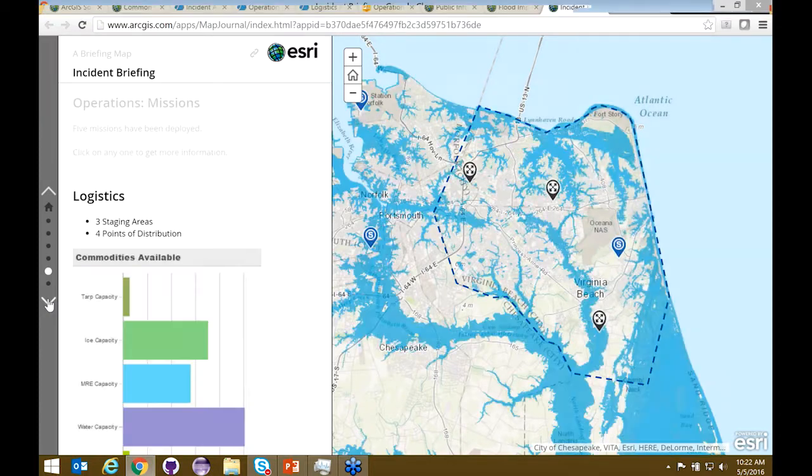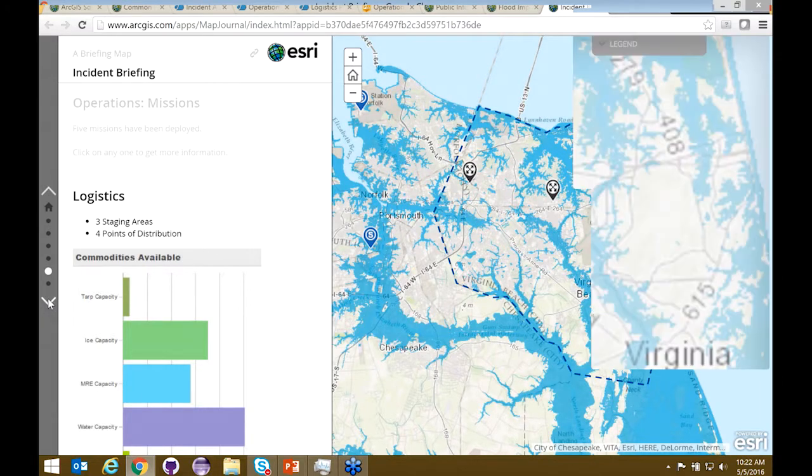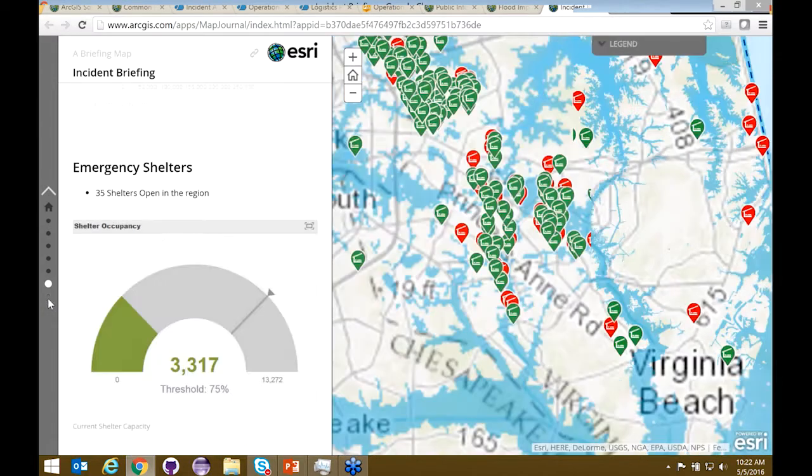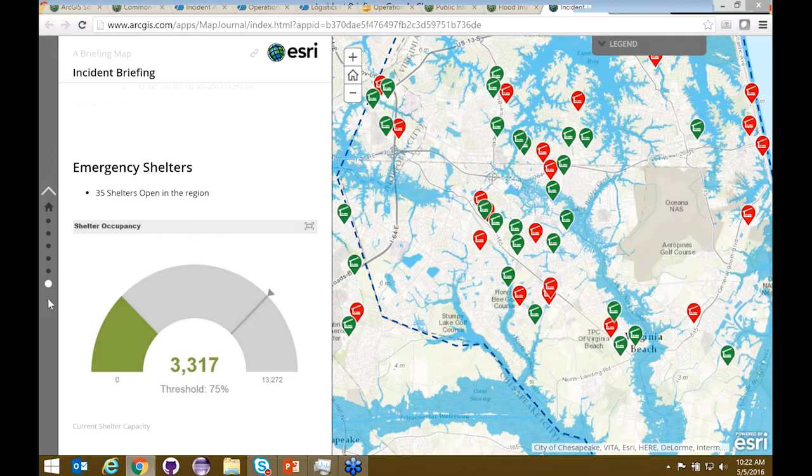That same logistics information. And then the last piece is the emergency shelters. So we've taken the various aspects of all those pieces of information that have been collected and curated throughout the various roles within the EOC, but rolled them up into a briefing to give you a unified look at the overall picture of what's going on as the event unfolds.